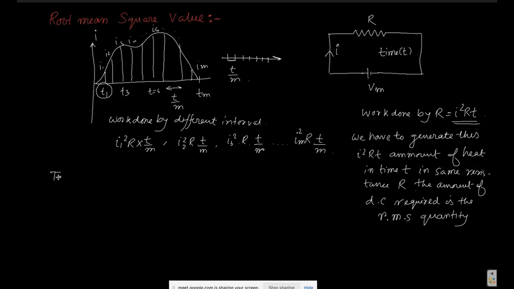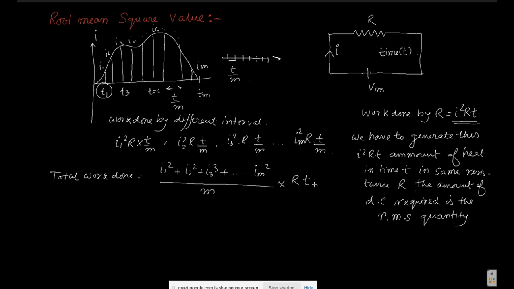Total work done is equal to I1 square plus I2 square plus I3 square plus dot dot dot Im square, by m, into RT. Can we write it?